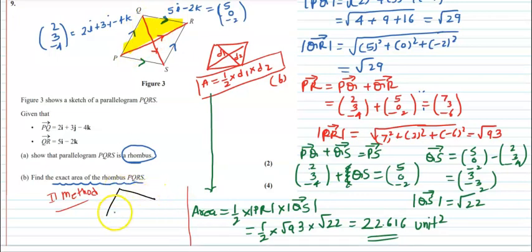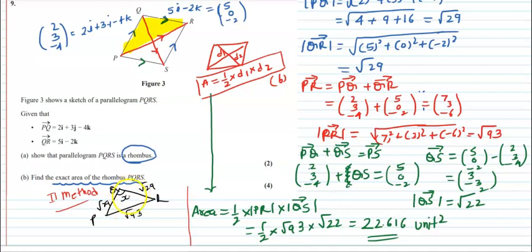So I have taken this triangle. It is P, it is Q, and it is R, and we need to find this angle. And modulus of PQ we have found root 29. Modulus of QR is also root 29, and modulus of PR we have found root 93. So using the cosine rule, you can find this angle.